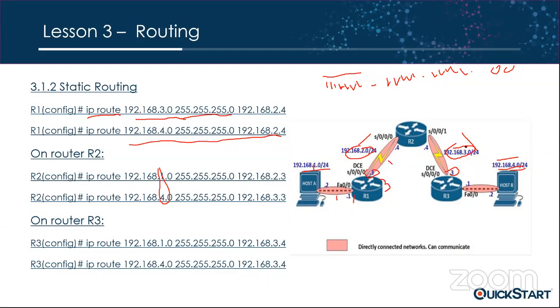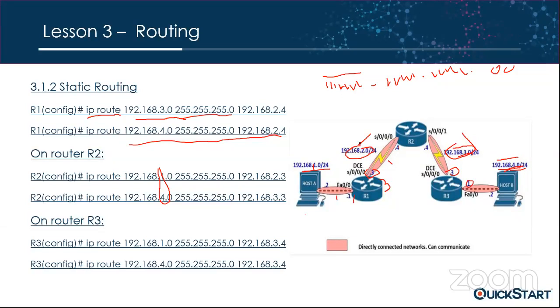Similarly, on router 3, if we need communication between host A to B and B to A, we need to configure R3 as well. R3 has predefined interfaces: the 4.0 network is already defined, and the 3.0 network is already defined.